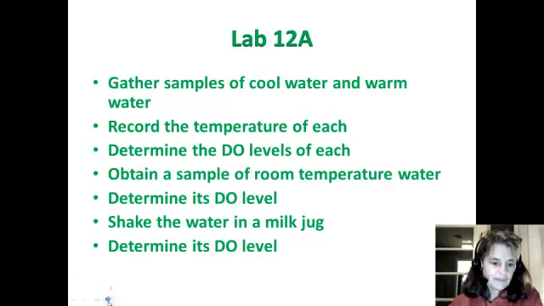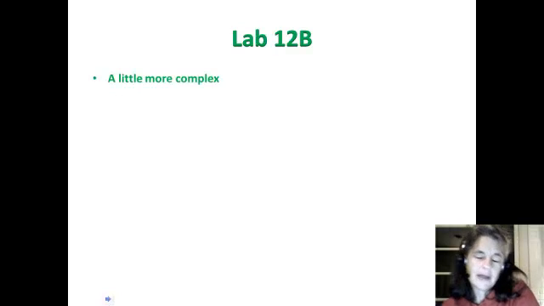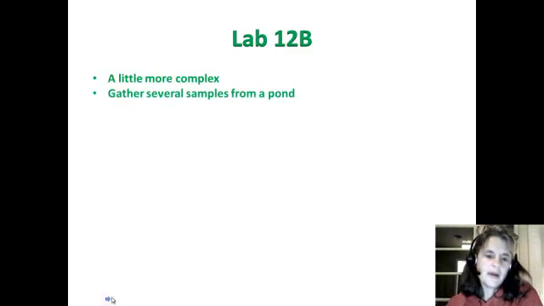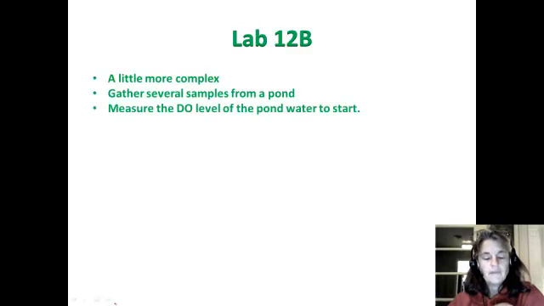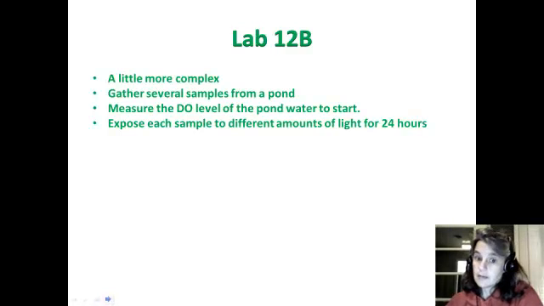Now, in 12B, we focus on productivity, and this is a little more complex. We have a few little equations that you've got to plug in. They're not difficult, but there's a little bit more going on. We're going to get samples of pond water, and we will measure how much dissolved oxygen is in our pond water at the beginning, and then we're going to expose each sample to a differing amount of light. So which variable is that?